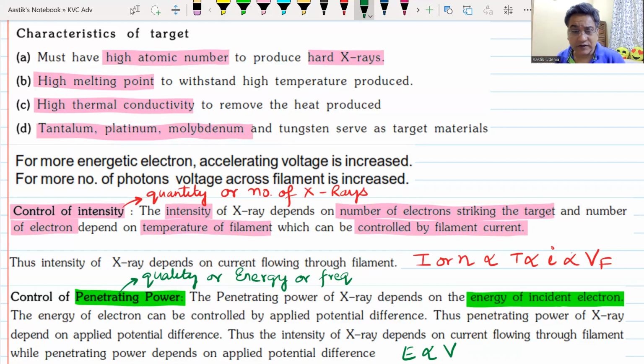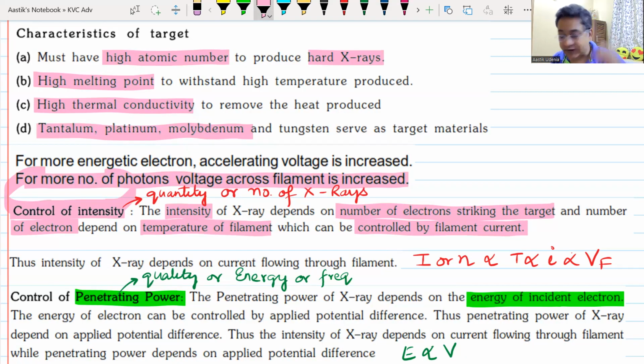There are two things that we have to consider here. One is the number of X-rays or the quantity of X-rays or the intensity of X-rays. That means we need more number of X-ray photons.